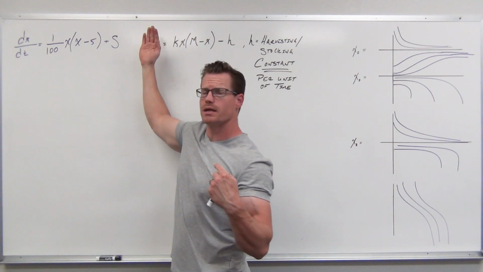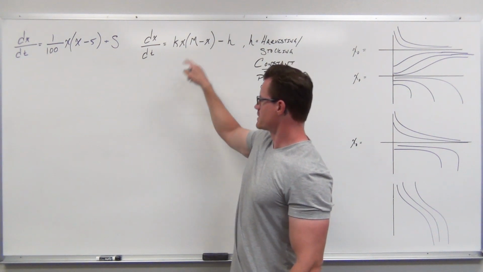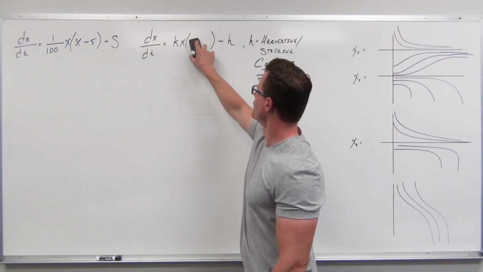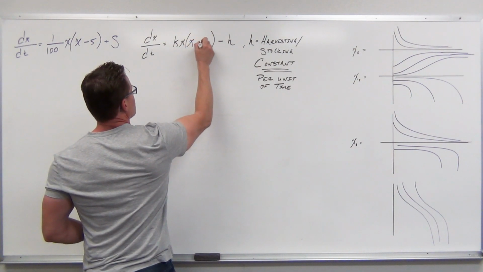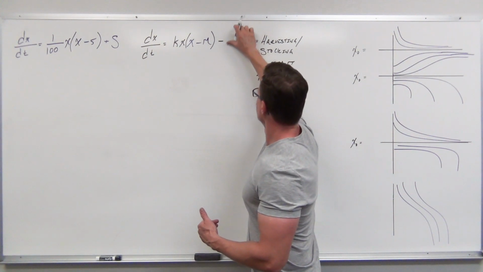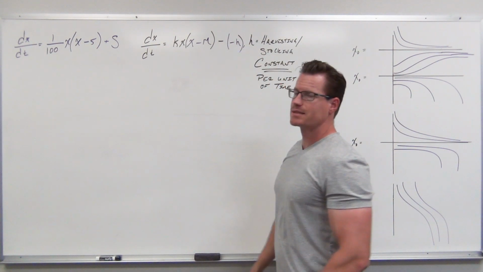Now, what does stocking do? Well, if this is different, then what's happening is we don't have an m minus x. We have an x minus m, and we're sort of anti-stocking.